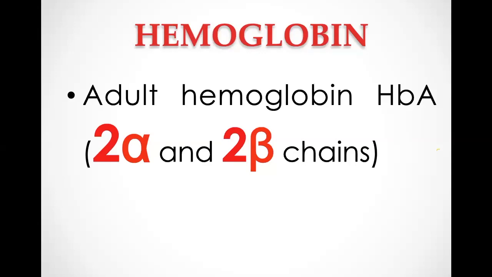And when we have blood disorders which specifically affect the chains of hemoglobin, this is what we call the thalassemias. So if it affects the alpha chain, this is an alpha thalassemia. If it affects the beta chain, this is a beta thalassemia.